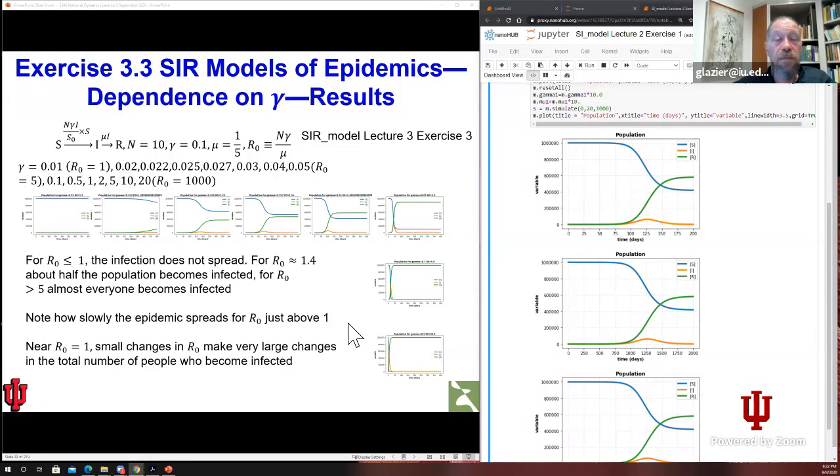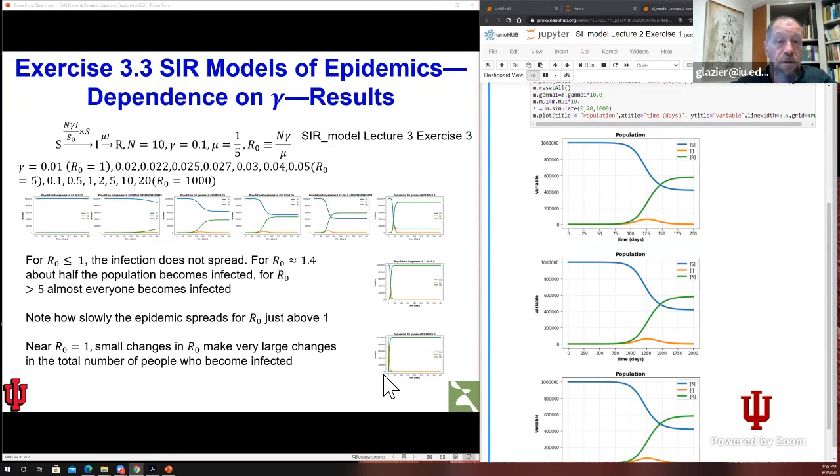If R naught is just above 1, the epidemic spreads very, very slowly. See that here. And it's also true that for R naught just around 1, small changes in R naught make big changes in the total number of people who are infected. And so people will often look at numbers like R naught minus 1, which is really diagnostic, rather than R naught equals 1, because then small changes make more sense.